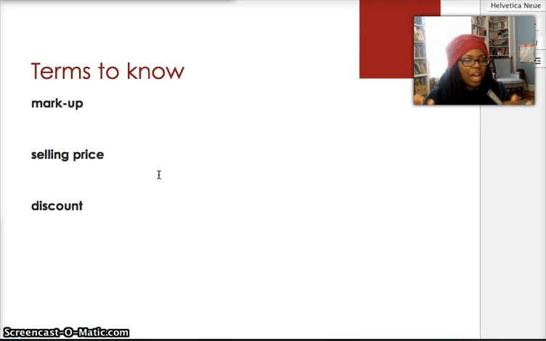The other three terms, I just call them terms to know because I feel like you know these and I don't want to write definitions for them because I think that they're kind of common sense. The first term is markup. The word markup refers to when a store will purchase goods from a factory or from some other company and then sell it to us.